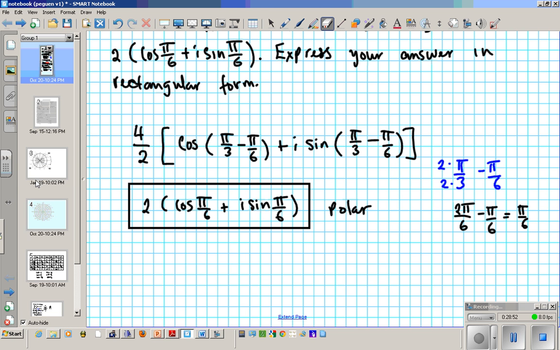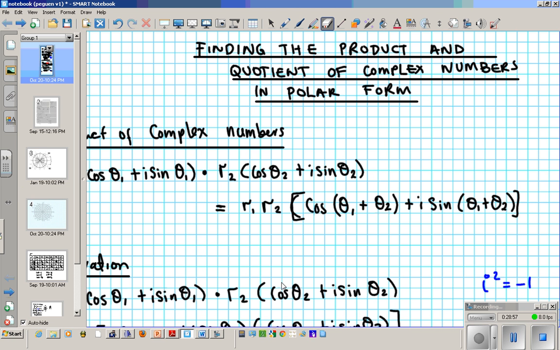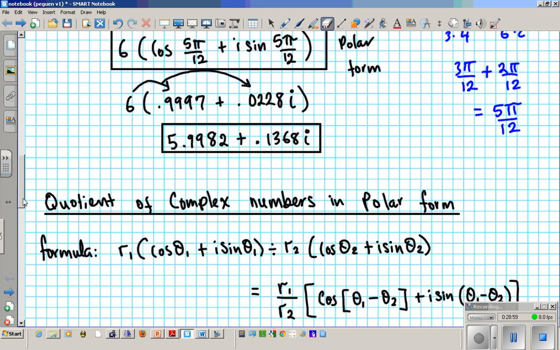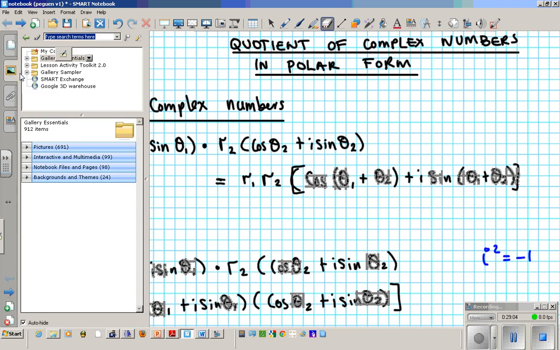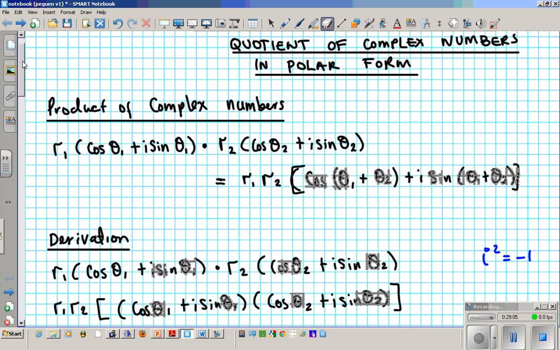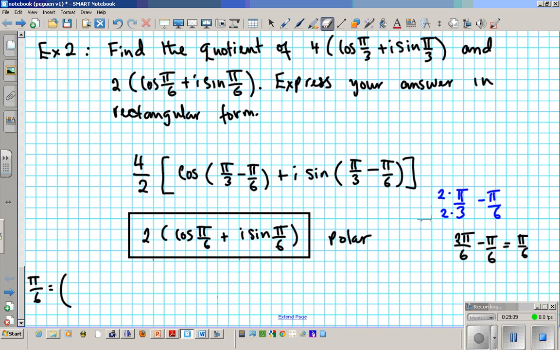On the unit circle, pi over 6 is root 3 over 2 and 1 half. So that's what we're going to put.